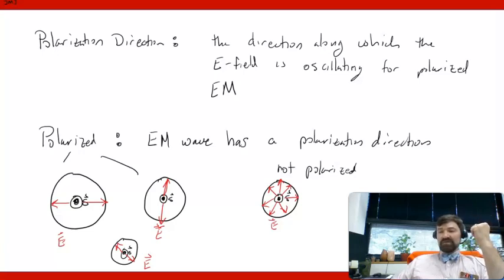I can, of course, measure polarization along any arbitrary axis for any of these three, and that's the basis of Malus's law. So if I were measuring along this axis right here, I would actually measure a polarization. It just would be different than if I measured directly along this axis. There is, however, an axis vertically where E is 0 when I measure it, and that makes this polarized.